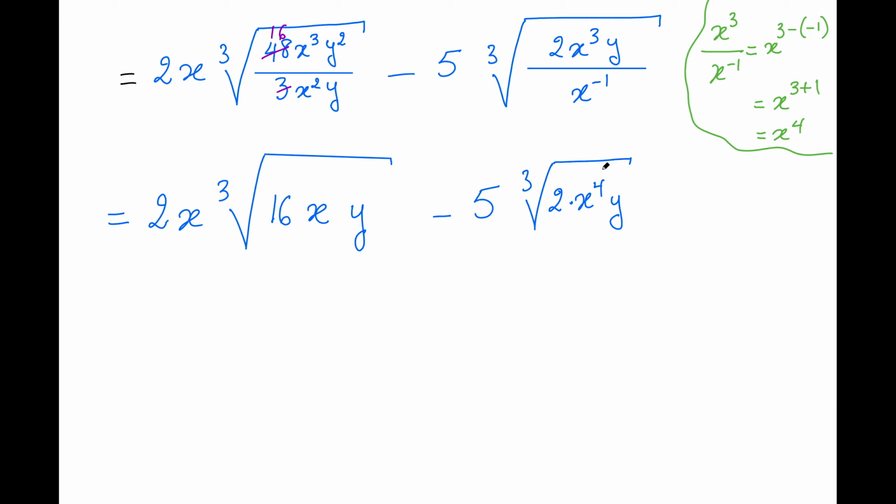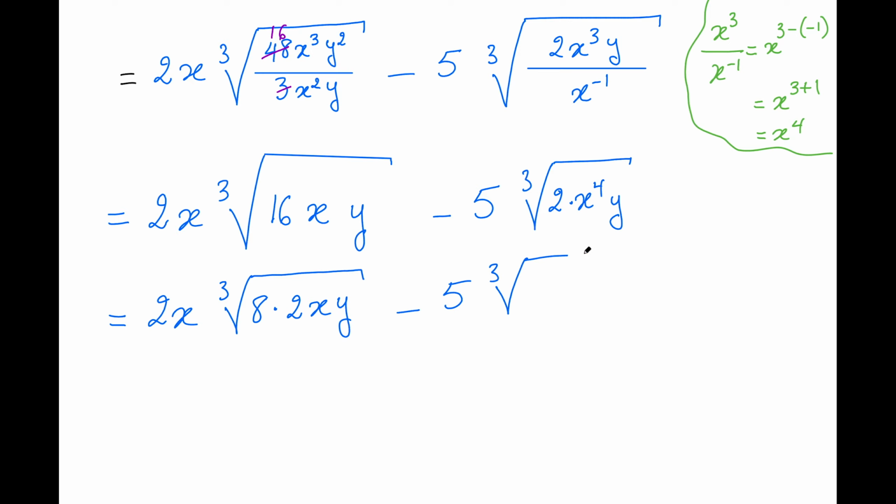And I can still simplify this guy because I have a divisor of x to power 4, which is a perfect third power, right? So let's do it. So I get 2x third root of, also I can do it for 16. Can see 16 as 8 times 2 and the xy, minus 5 times the third root of 2x cubed times xy.